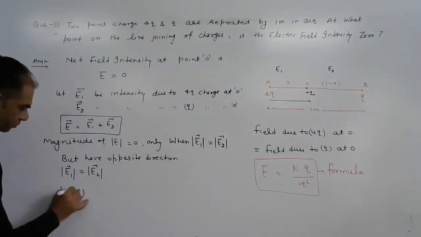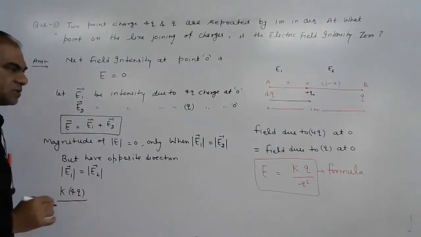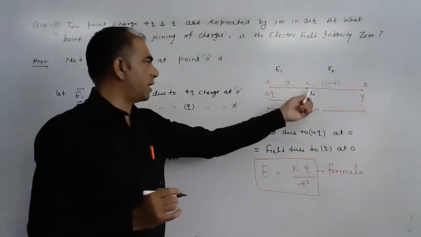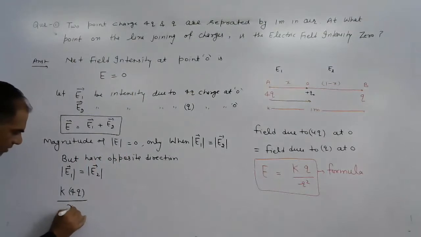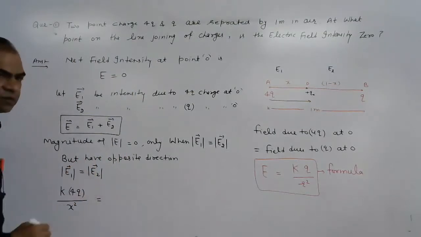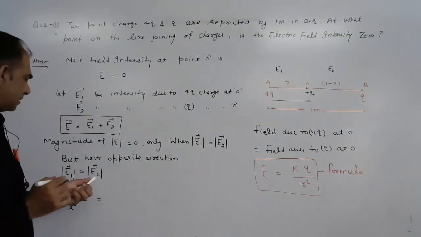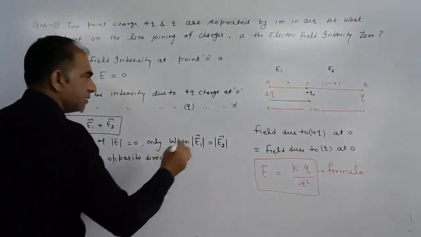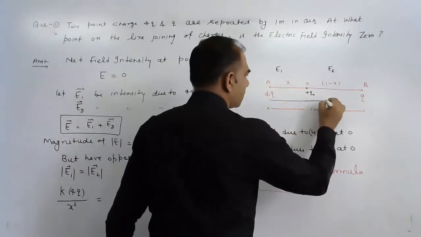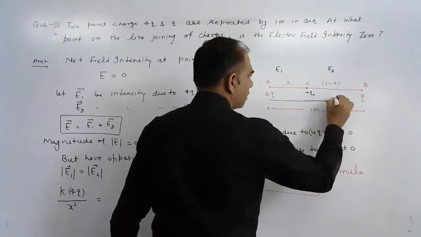We write 4Q divided by the distance between A and O, which is x, whole squared, and this is the direction of E1.